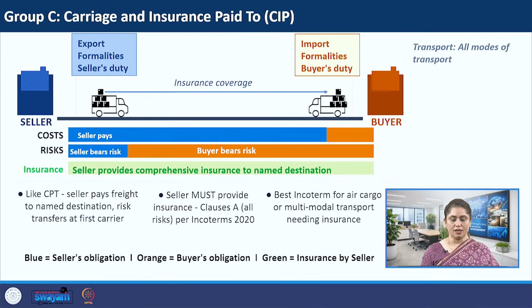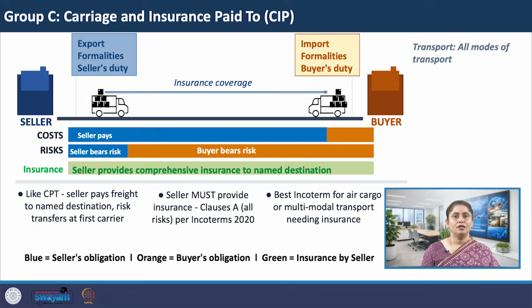Now, let us see another term, that is CIP, carriage and insurance paid to, under group C. Now this is identical to carriage paid to with one critical addition: the seller must provide for the insurance. This is reflected in the insurance bar at the bottom of the diagram, spanning from the seller side almost all the way to the named destination.